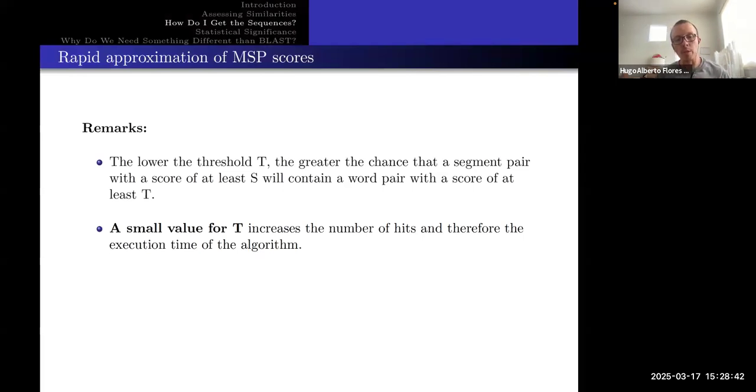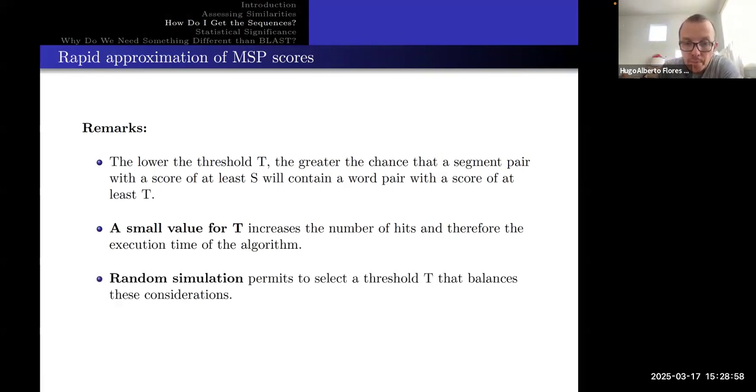It means that you're going to spend more time, because the first filter allows a lot of sequences to pass the moment you start decreasing the T value. Finally, there are some random simulations that allow you to understand how to select the T that balances these considerations.